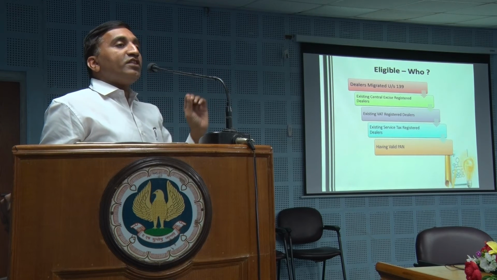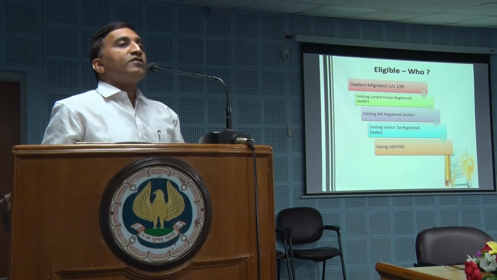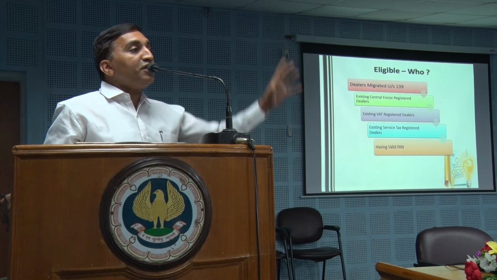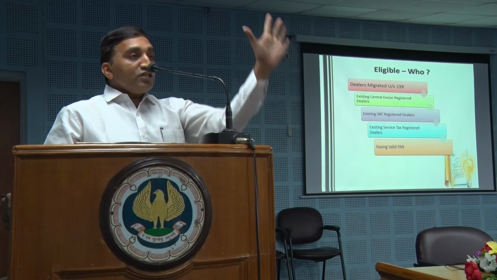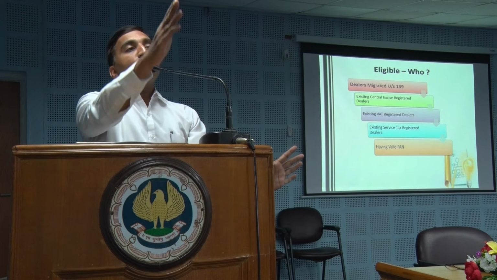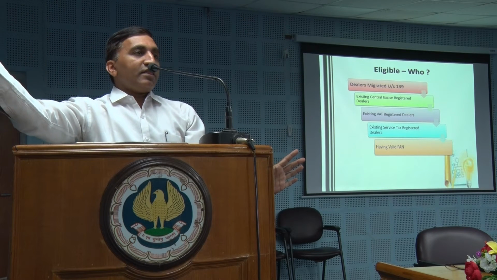See, the main issue with TRAN 1 and TRAN 2 is, first you need to give the details of stock in hand as on 30th June, and this stock should be sold from July to December.